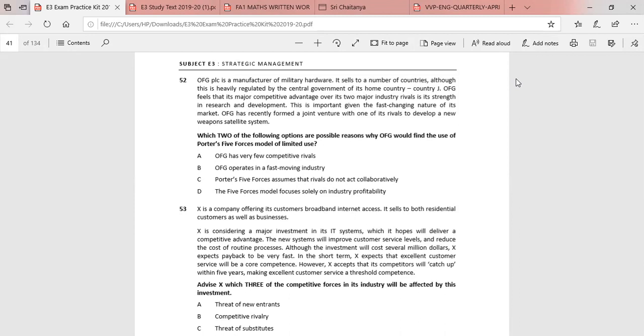OFG PLC is a manufacturer of military hardware. It sells to a number of countries, although this is heavily regulated by the central government of its home country, country J. OFG feels that its major competitive advantage over its two major industry rivals is its strength in research and development. This is important given the fast changing nature of its market.